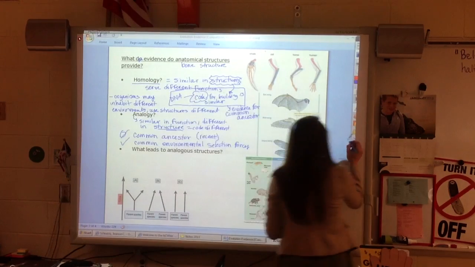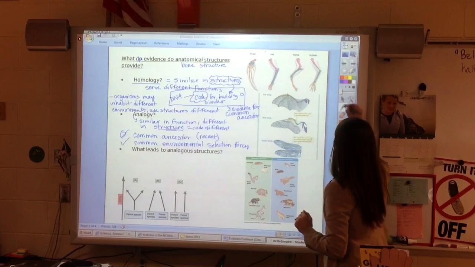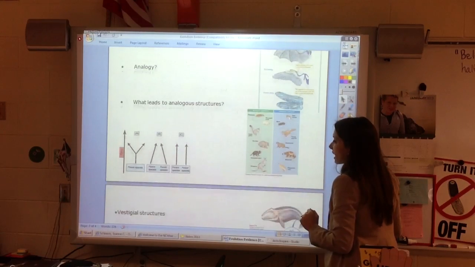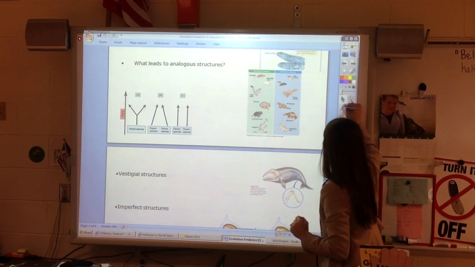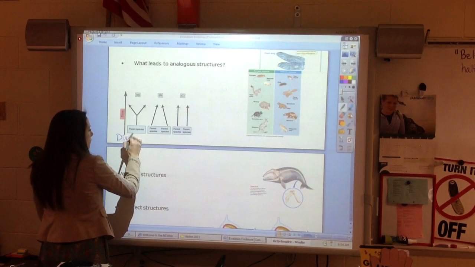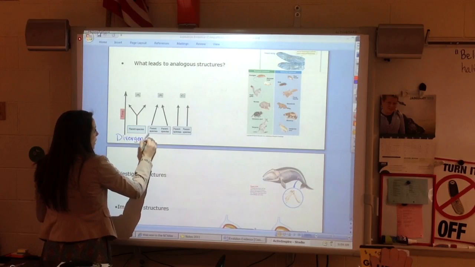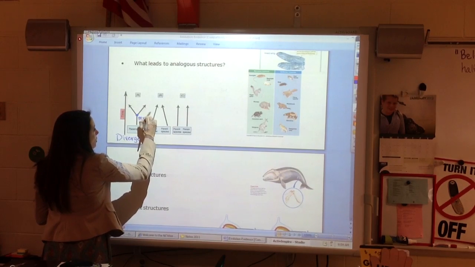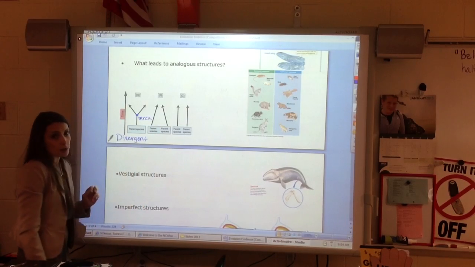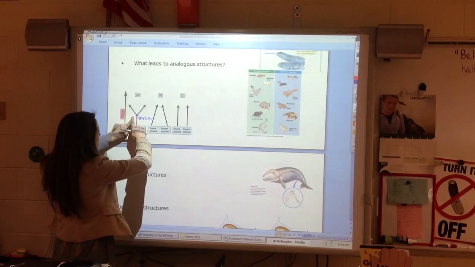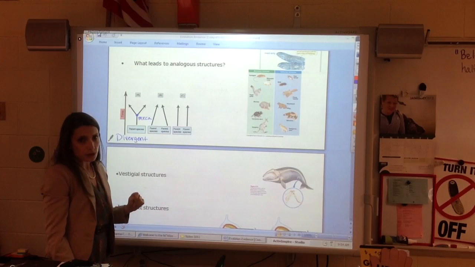The first is what we call divergent evolution. And this is where there is, and we call this an MRCA, most recent common ancestor. A most recent common ancestor, and the organisms diverged, and now they're a little bit different.